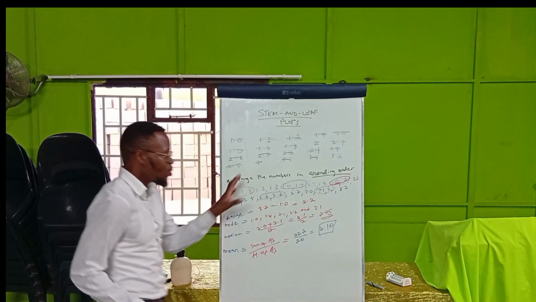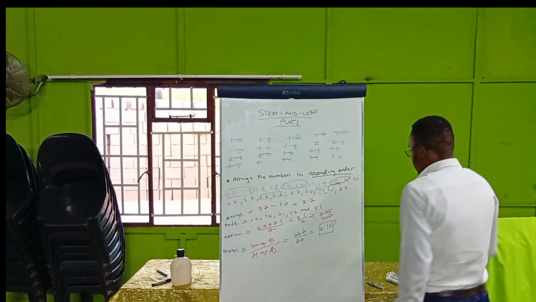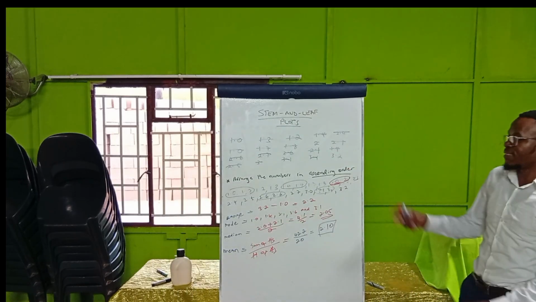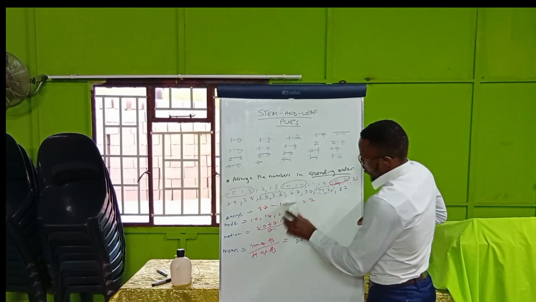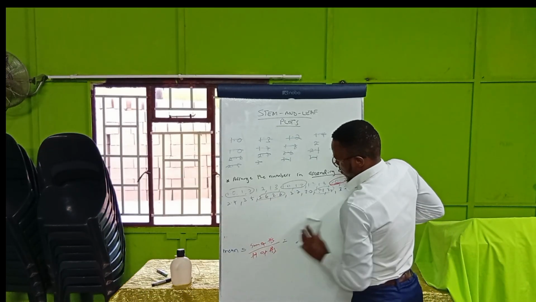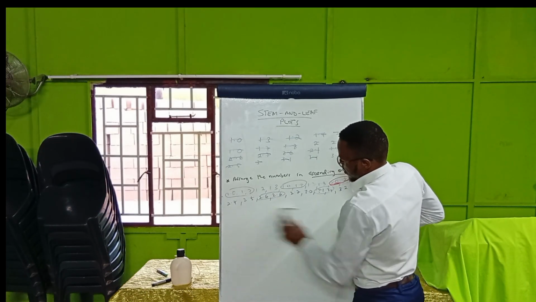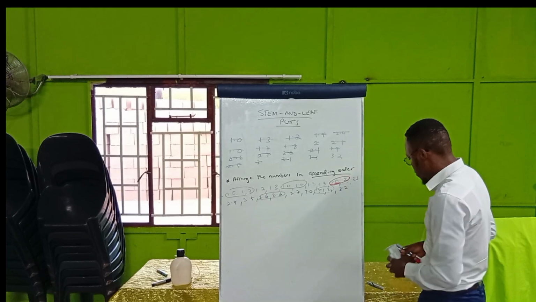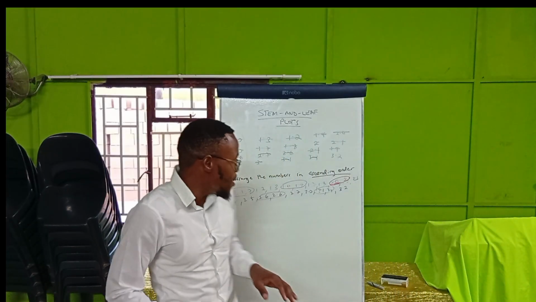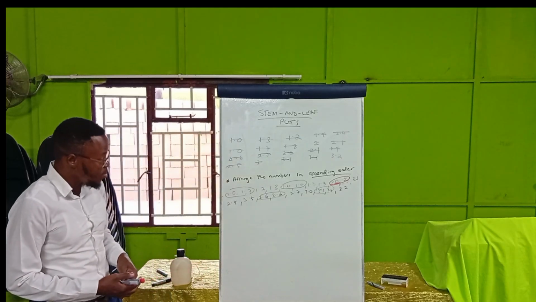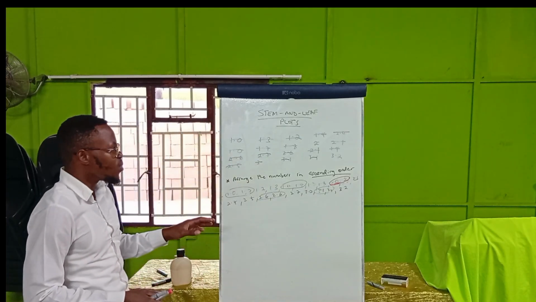Right, so the reason I was showing this is the importance of arranging the numbers in ascending order. So let's do what we actually wanted to do in terms of the stem and leaf plot. There's something that learners like to do which is not correct.